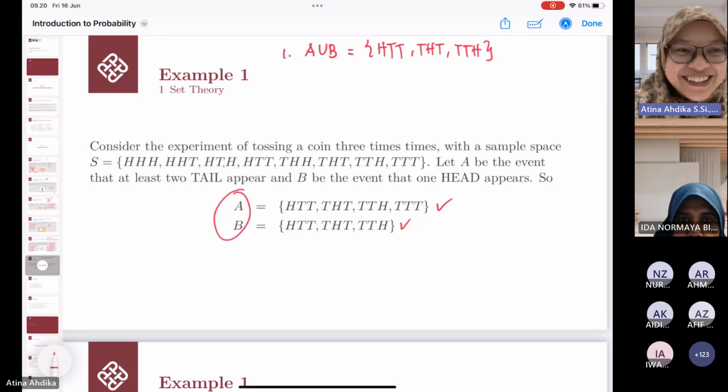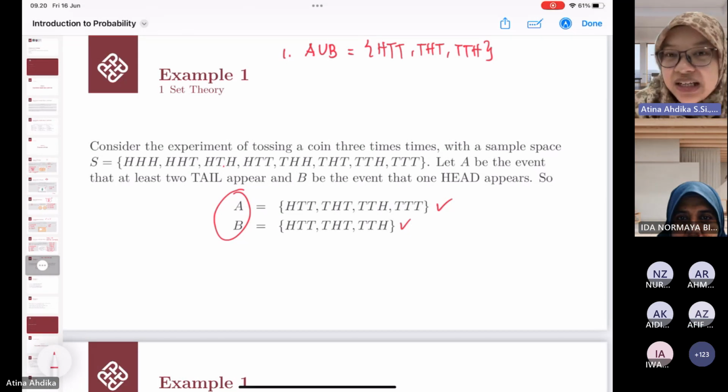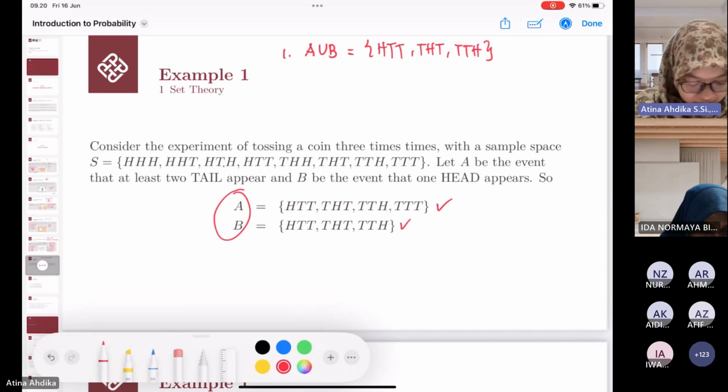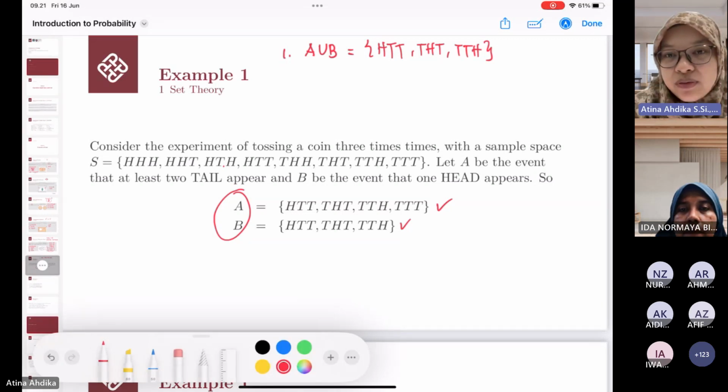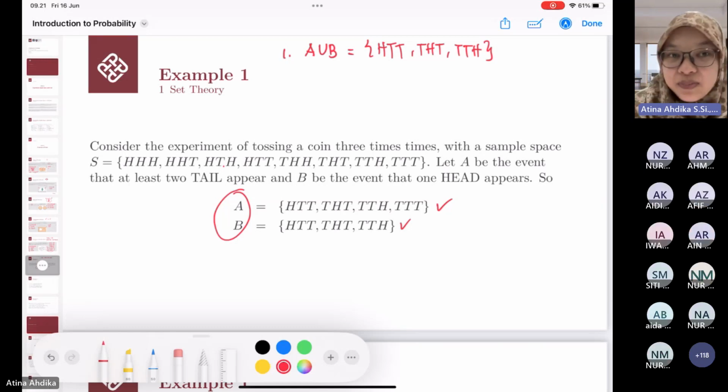Are you sure? How about TTT? Because it's the same element, right? The same element is for the intersection, but the question is union. So if union, we have to write all of the outcomes that are in A and in B. Oh, yeah, so TTT.